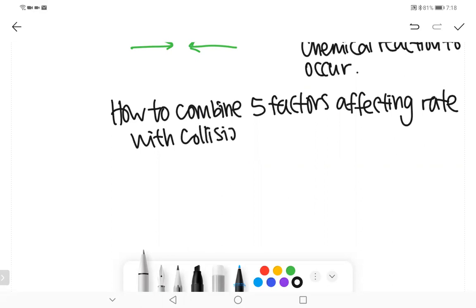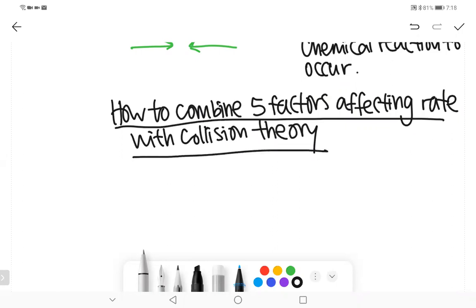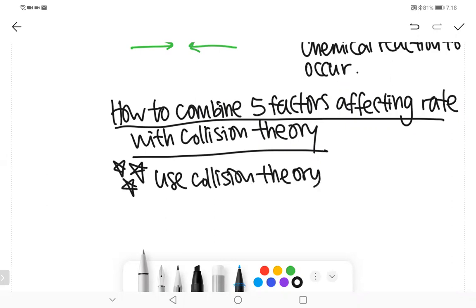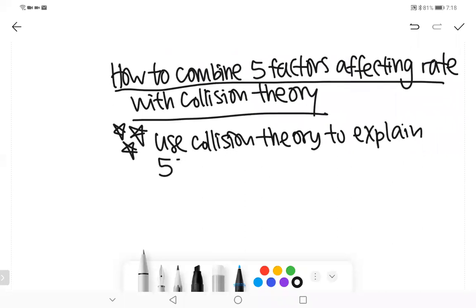Which means that now we must be able to use the collision theory to explain the 5 factors.